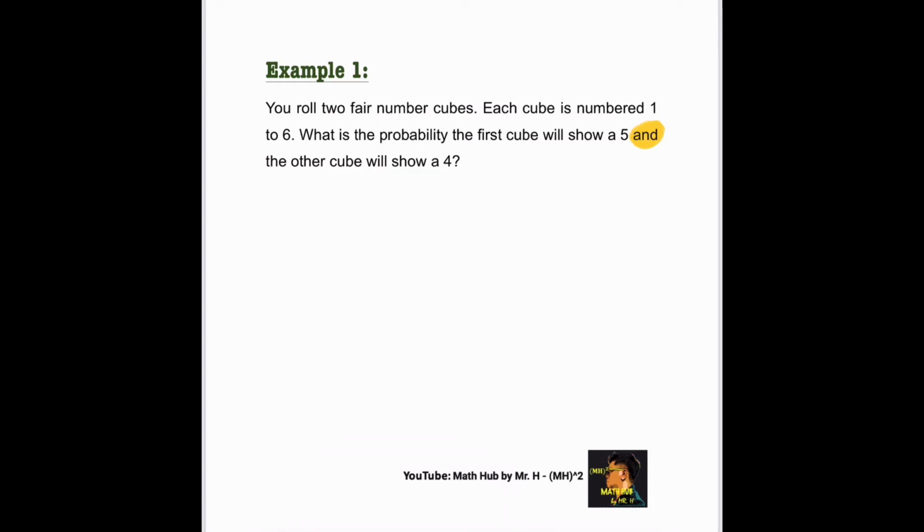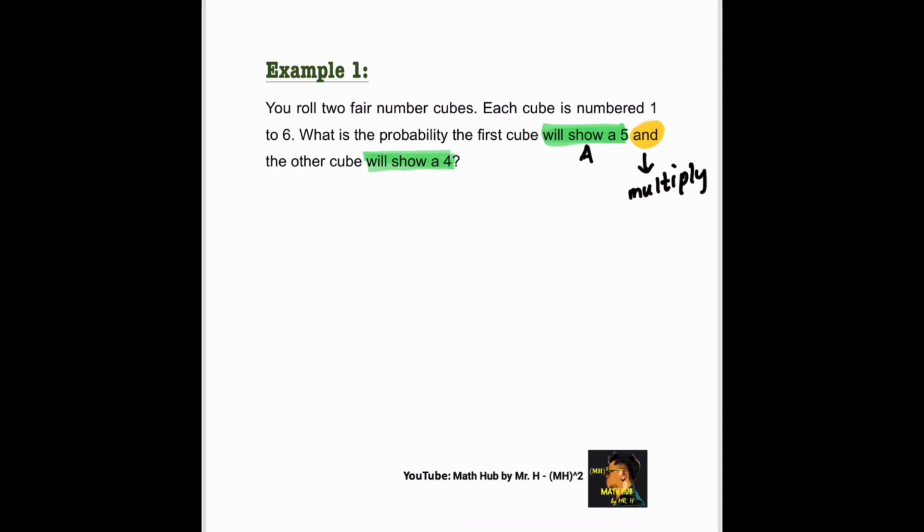So first of all, conjunction "and" is going to give you right away the concept that this is multiplying probabilities. There are two events mentioned here. The first one, the first cube will show a 5. That's your event A. And the second event, which is the other cube, will show a 4.